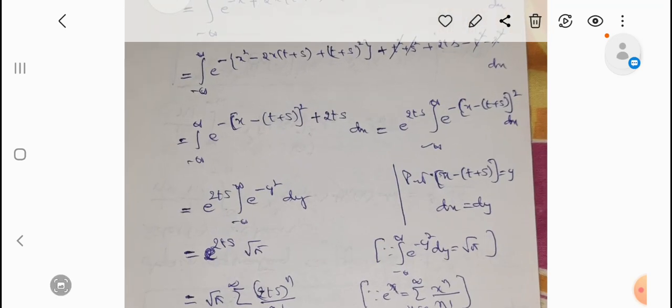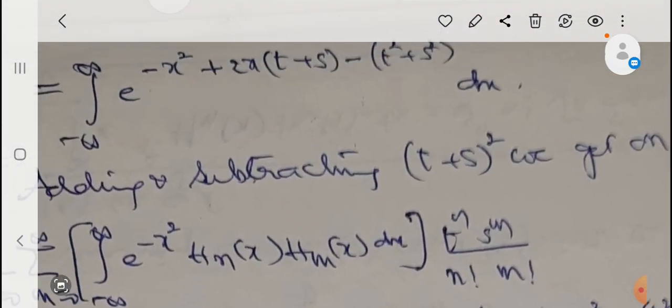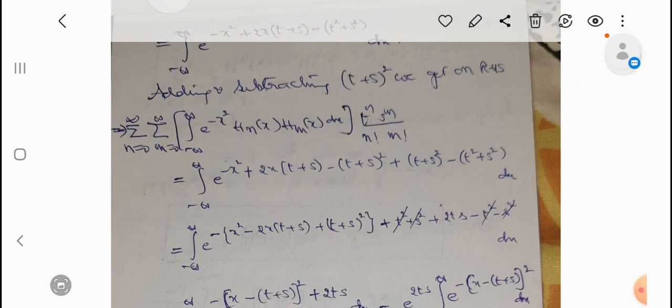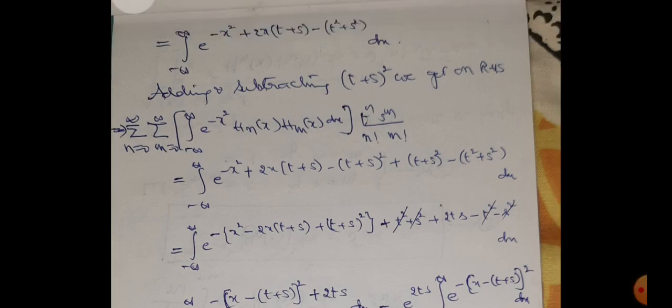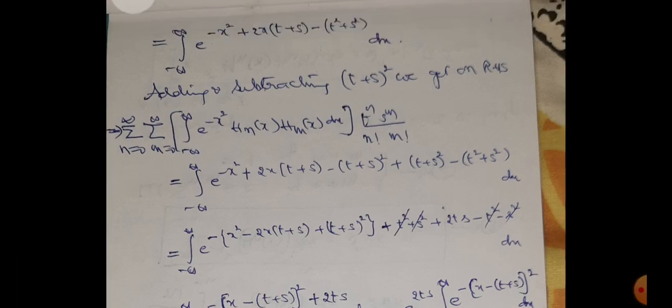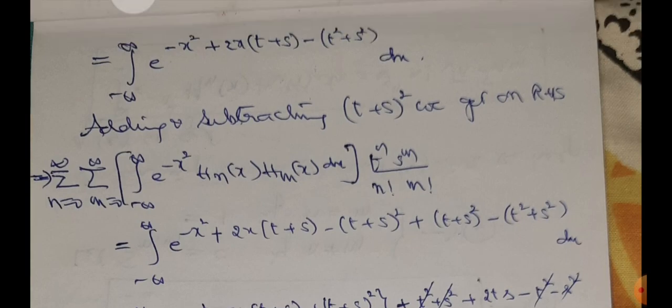Now the right hand side is nothing but the integral from minus infinity to plus infinity of e power minus x square, and when you take 2x common, that becomes 2x times t plus s, minus of t square plus s square, dx.